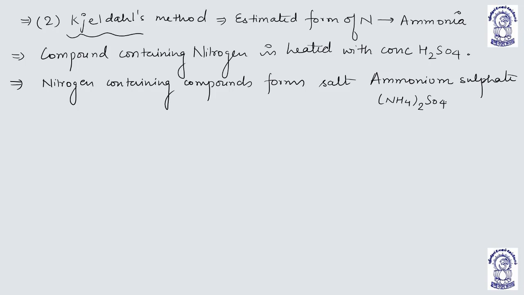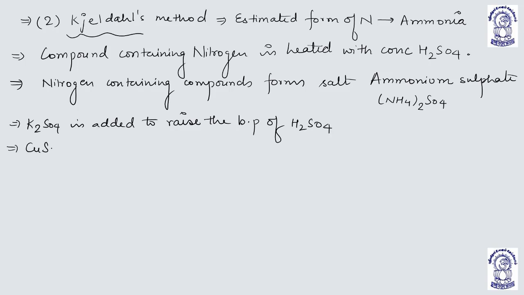When the nitrogenous compound is heated with concentrated H2SO4, we use some traces of potassium sulfate, K2SO4, which raises the boiling point of H2SO4, and CuSO4 acts as catalyst.